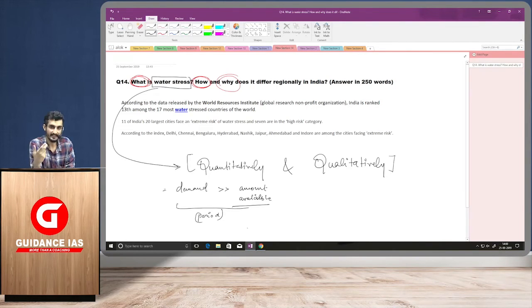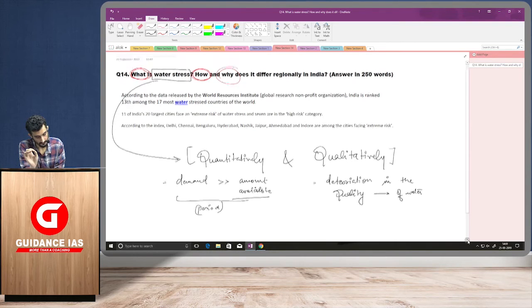Also, it can be qualitative as well, which means deterioration in the quality of water itself can also lead to situations of water stress.